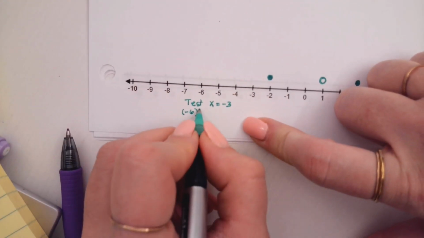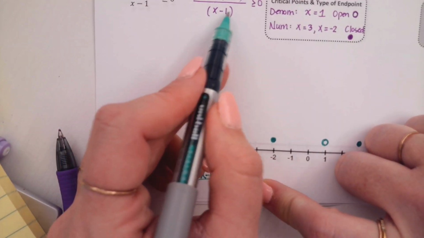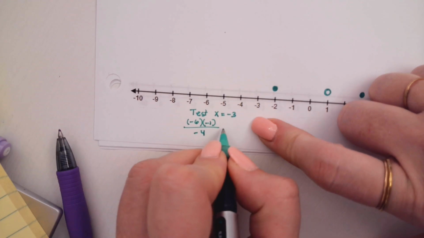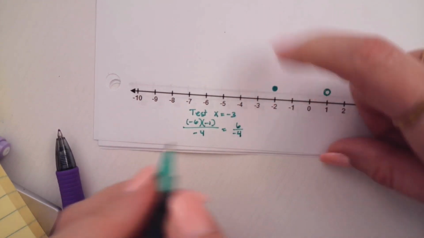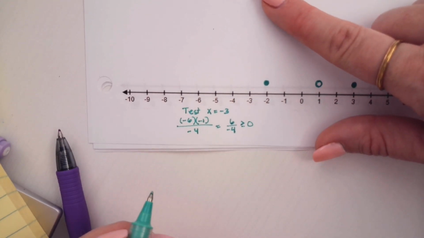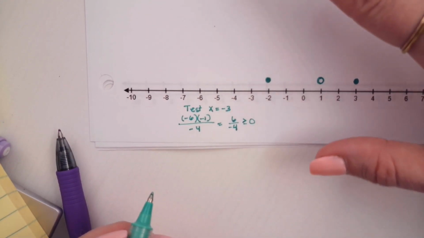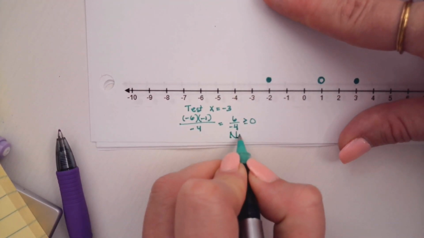And then -3 plus 2, which would be -1. And then on the bottom, I would have -3 minus 1, which would be -4, which is 6 over -4. Is that going to be greater than or equal to 0? No, why not? That's obvious. It's negative. A negative can't be greater than or equal to 0. So this one's a no.